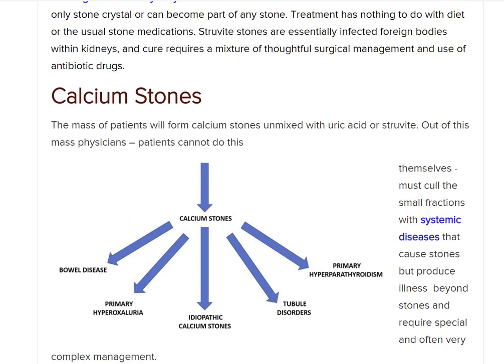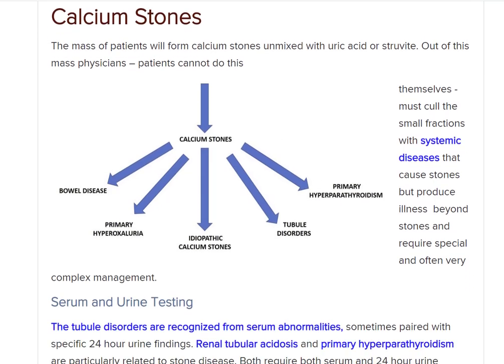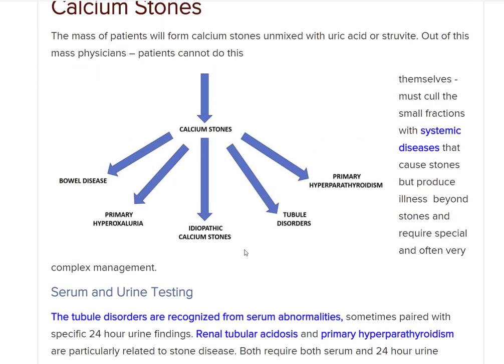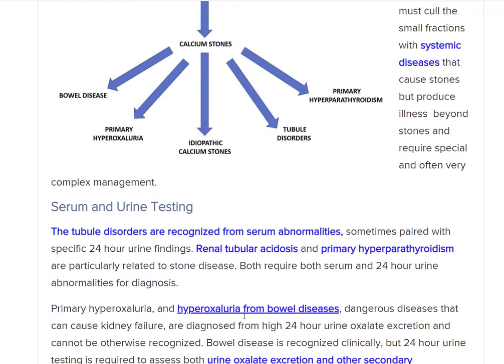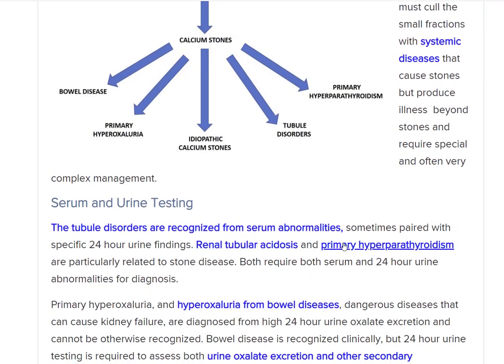Even though it is the responsibility of your doctors, I don't want any patient to feel paralyzed when it comes to recognizing these tubule disorders and primary hyperparathyroidism. I have created these links to articles that give a lot of material for patients.